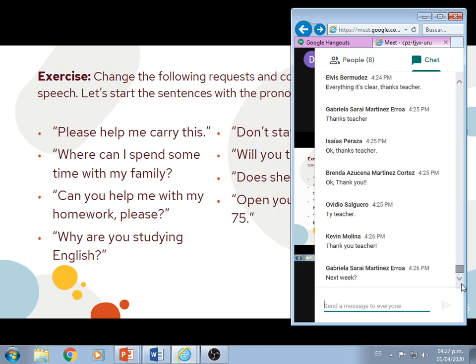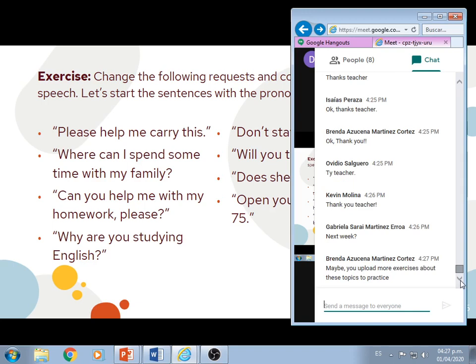Maybe I will upload more exercises about this. This is not going to be posted in the PDF file of the classes, the lesson with all of the explanation, but maybe I can upload a quiz, or a practice, so you can take a look.